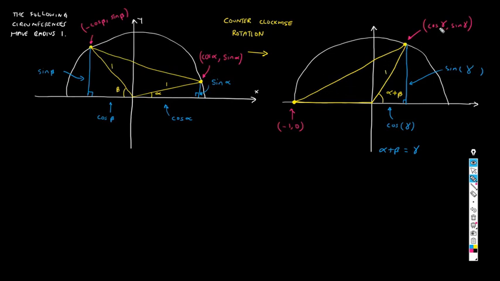I have this point and its coordinates, and if we get the distance from this point to this point, then I'm gonna be measuring the length of this side. And the distance from this point to this point, which is all of this, has to be the same as the distance from this point to this point, which is all of this. All of this is equal to all of this.